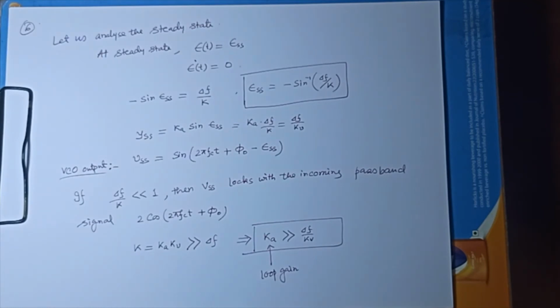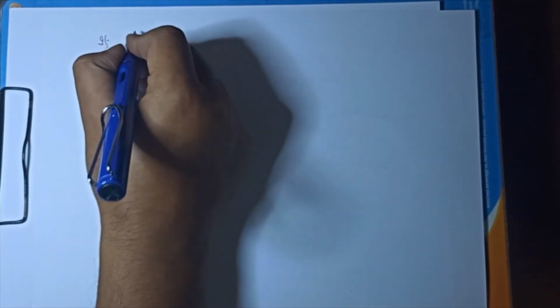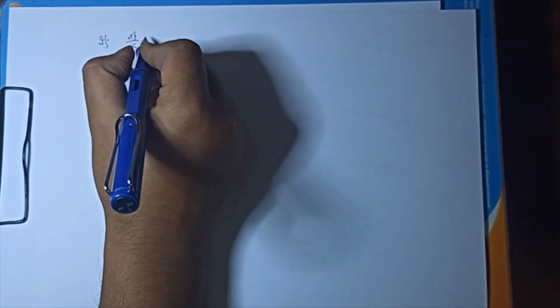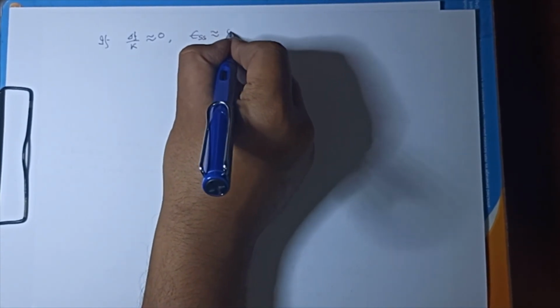Now, the interesting thing will be to show what will happen to the dynamics of the error when the value is small. If this delta f by K is very small, close to 0, then your epsilon ss is also close to 0.